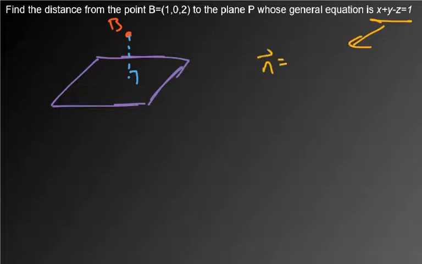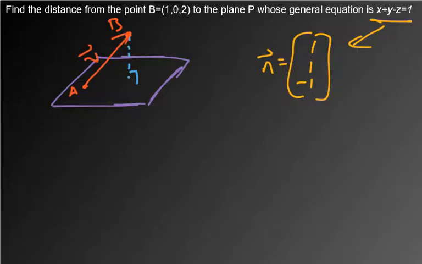So this plane equation can give me the normal. Remember, we talked about some of that last time. So the normal is really just these coefficients, 1, 1, negative 1. And if you just pick a point in the plane, we can find a point pretty easily. We could then make a vector. I'm going to call that A, I guess. We could make a vector V that goes from A to B. And we have a normal vector.